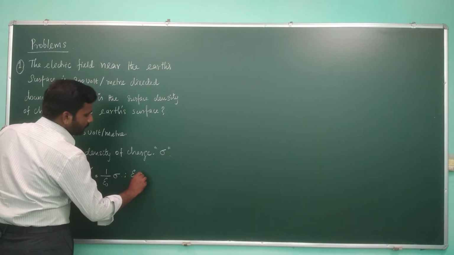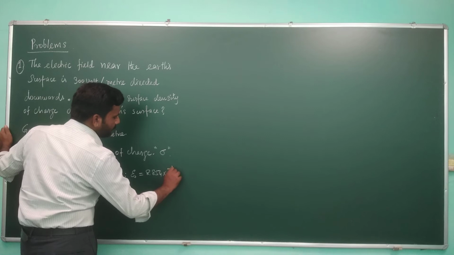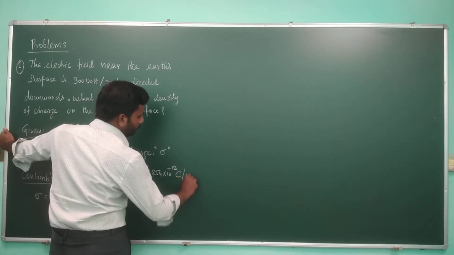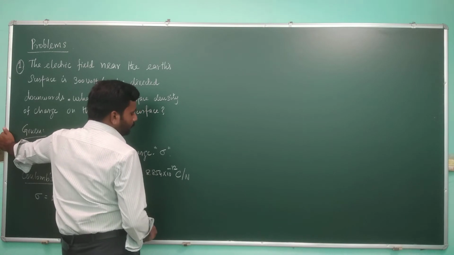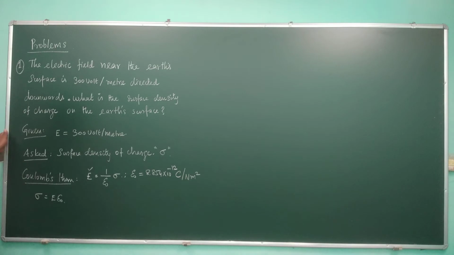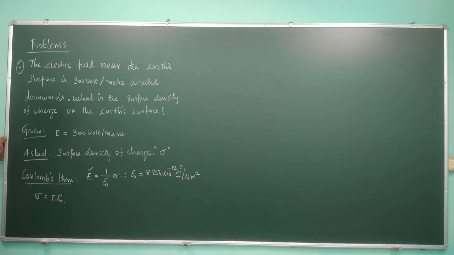We have mentioned multiple times, 8.854 into 10 power minus 12 coulomb per Newton meter square, isn't it? It's coulomb square actually. Fine. So we know epsilon naught.